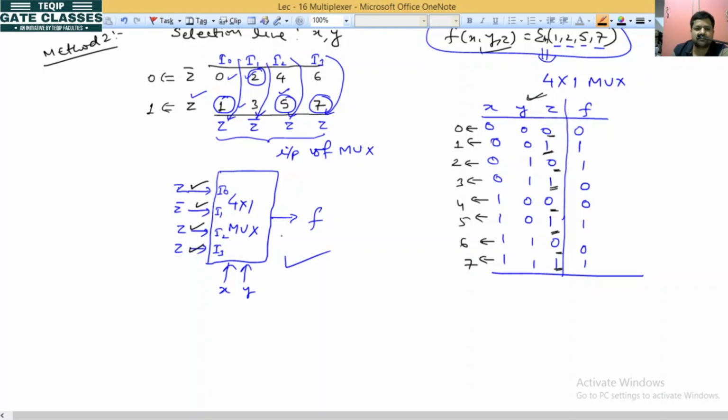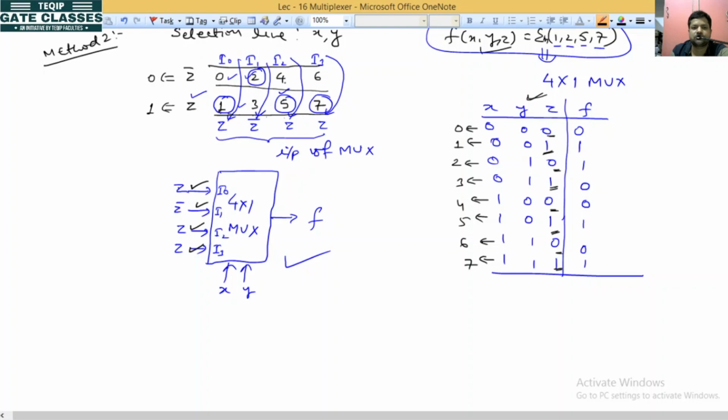So if you go for this method, then it is very easy. There we were establishing a relationship between z and output. Here you don't have to do anything like that, you just have to write all these decimal numbers here.